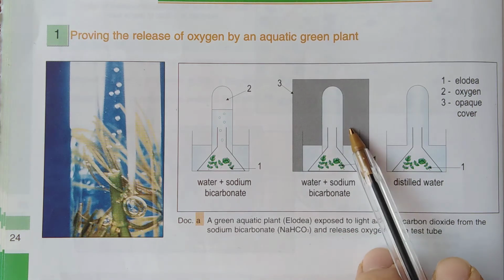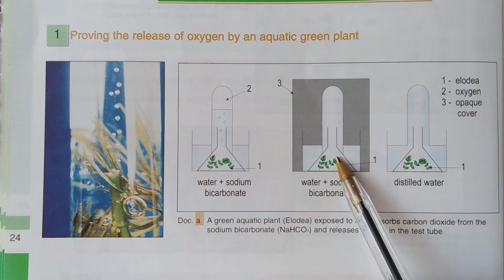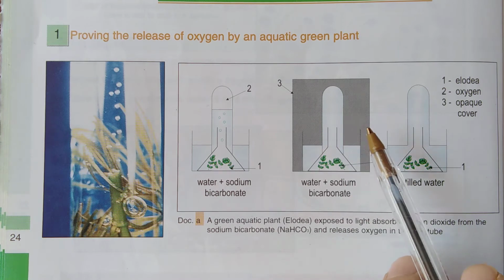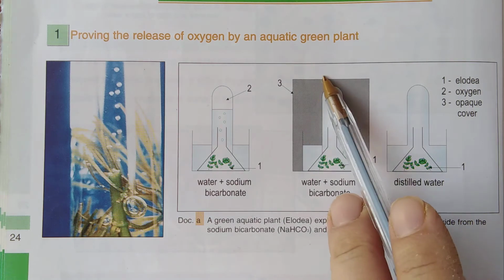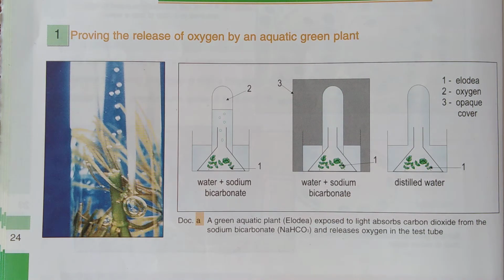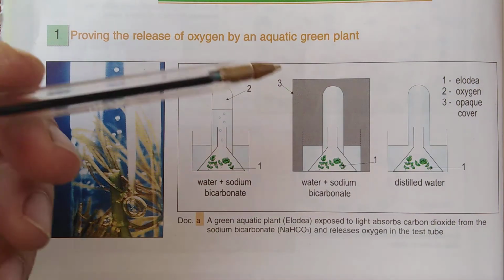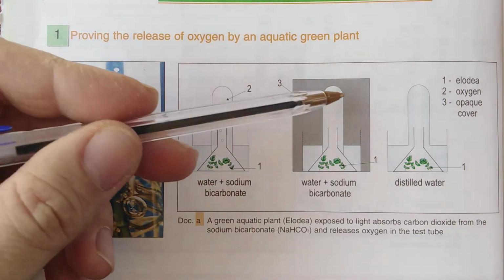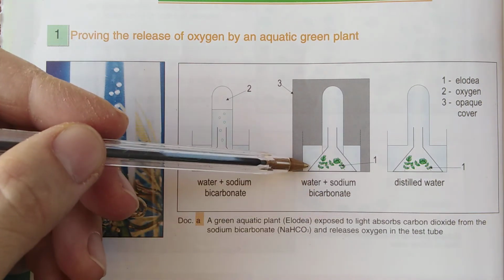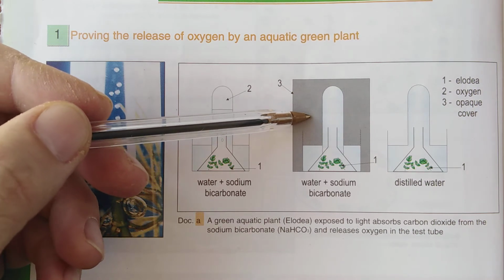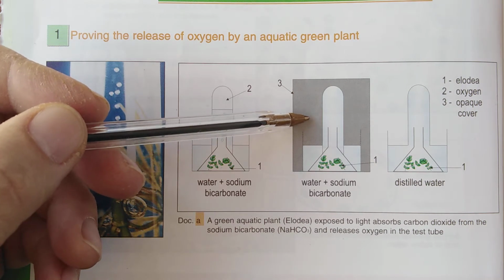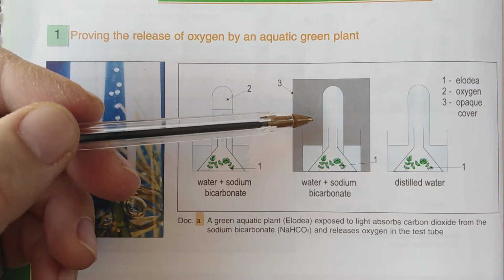So carbon dioxide is not being used, and photosynthesis consequently is not taking place in the second setup because of the absence of light, which is an important factor for photosynthesis. Okay, so the tested hypothesis of making this second setup is proving that light is an important factor for photosynthesis, because photosynthesis didn't take place in the absence of light.